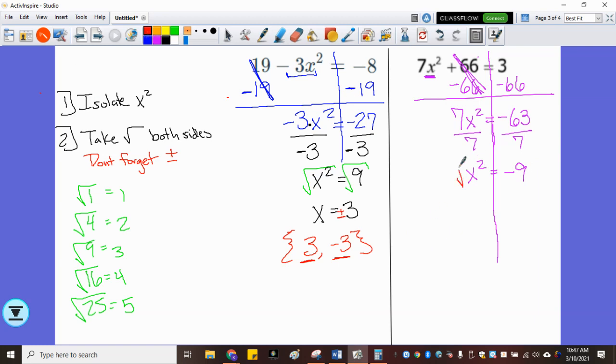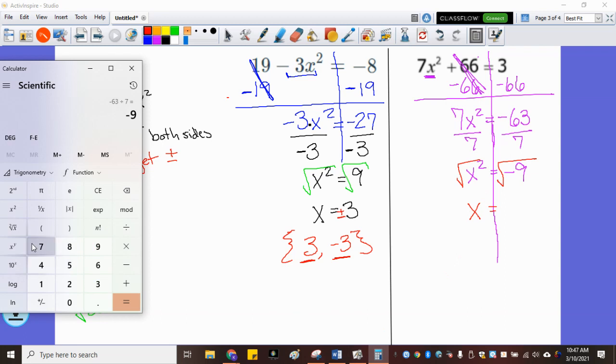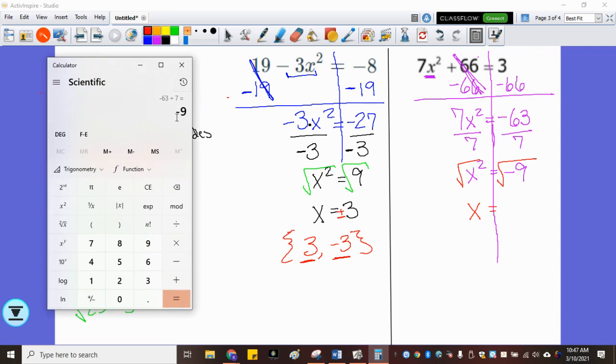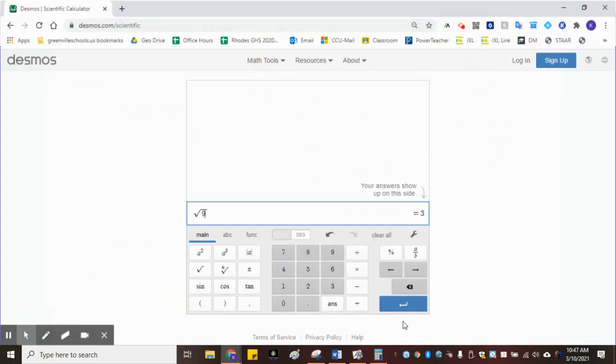Trying to get rid of the squared, I take the square root of both sides. So if I already have negative 9, if I take the square root of negative 9, invalid input. You can't do a negative. It doesn't work. Let me show you on Delta Math.